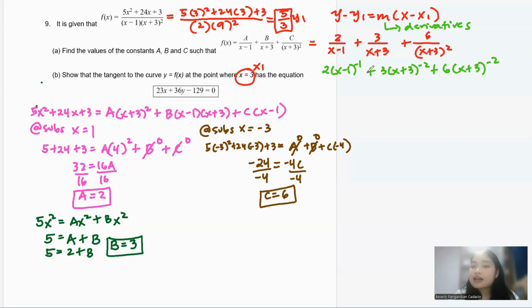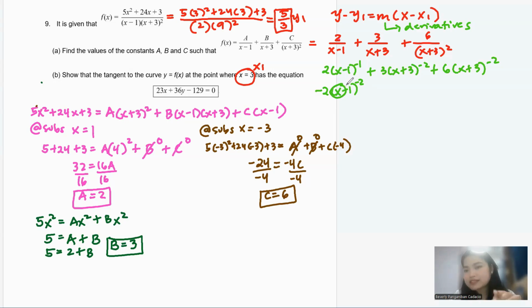Now, let's differentiate. Remember how to differentiate? Multiply this negative 1 to this in front, and you do minus 1 to that exponent. So, that will be negative 2, (x minus 1) to the minus 1 and minus 1, that will be negative 2. If it's like you have 2x here, then you need to differentiate it again for the chain rule. Please remember that.